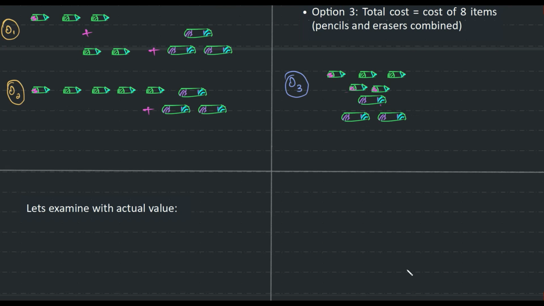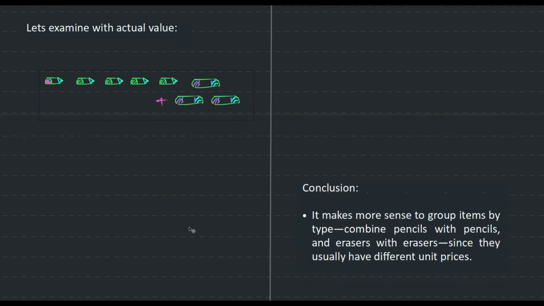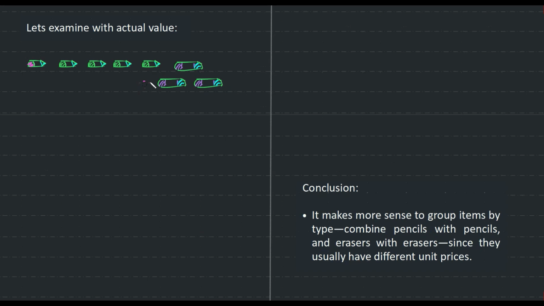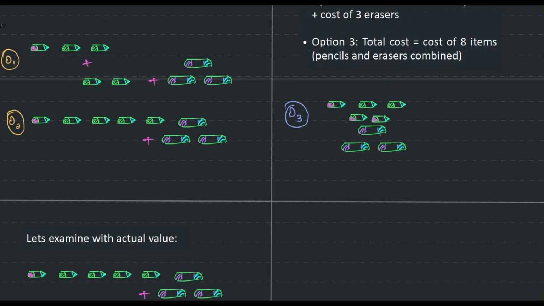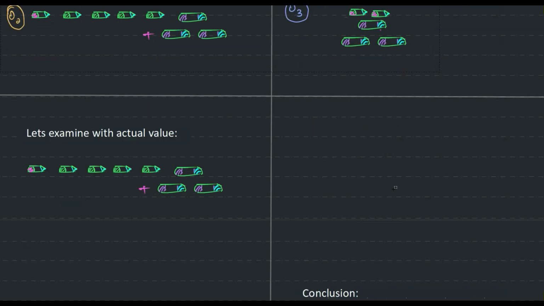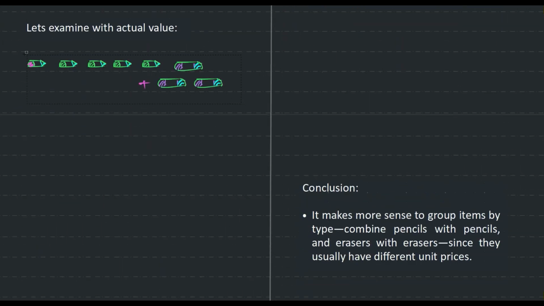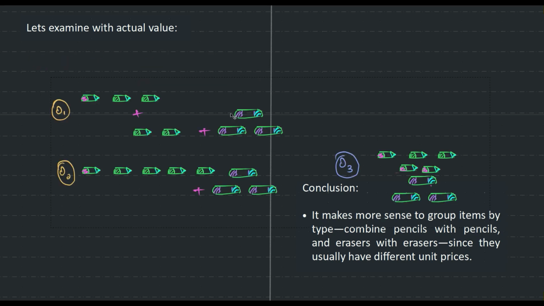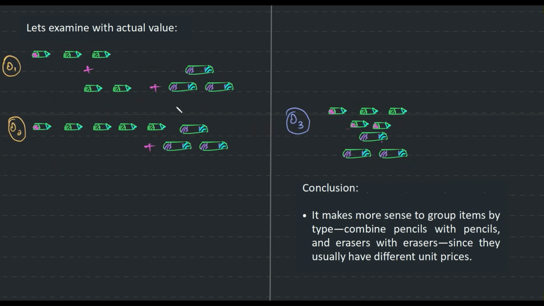So let's examine with actual numbers. Forget about all of this. We'll take up individually. So this is option 1, 2 and 3. So let's put the cost and let's see.